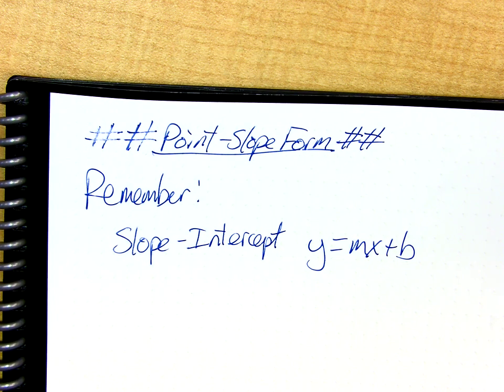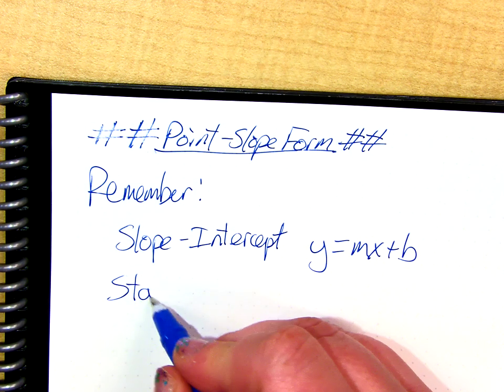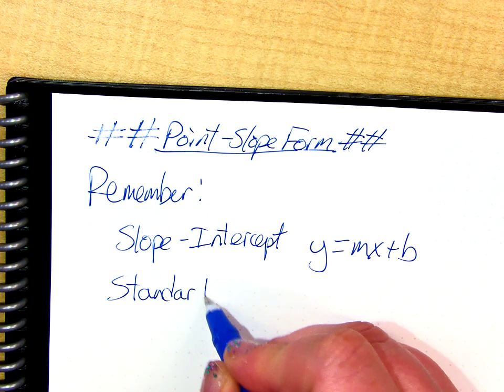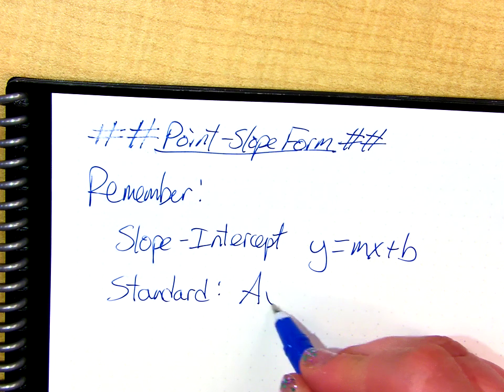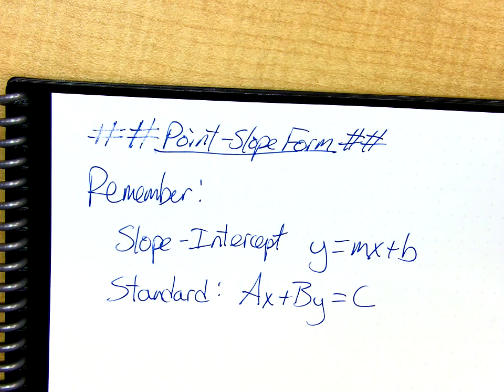Then we moved on from slope-intercept to what is called standard form. And that is ax plus by equals c, where a, b, and c are integers. So no decimals, no fractions.